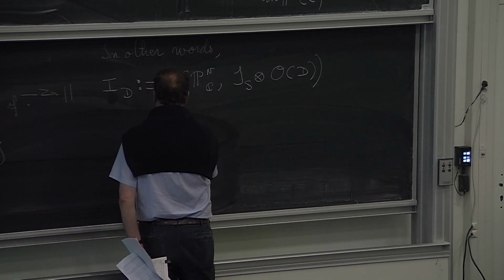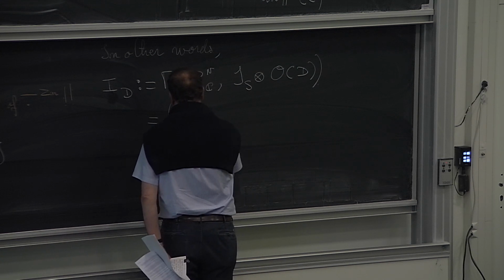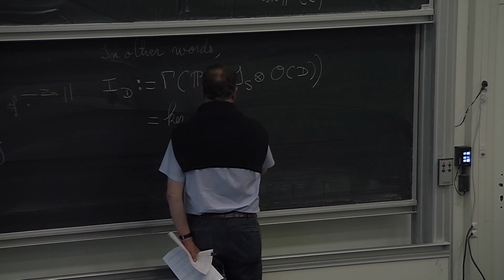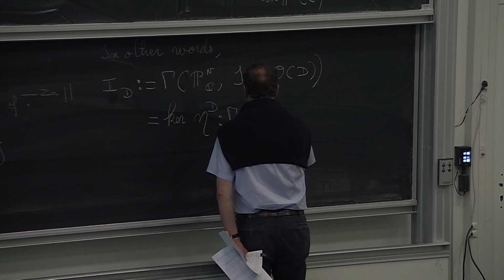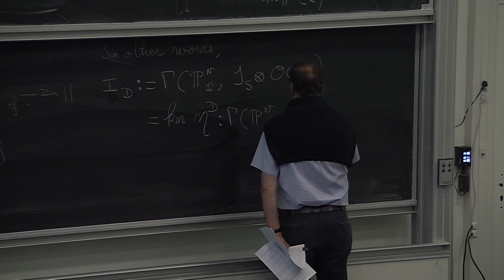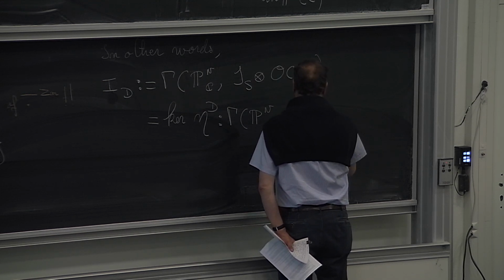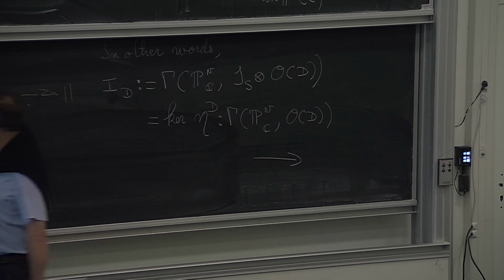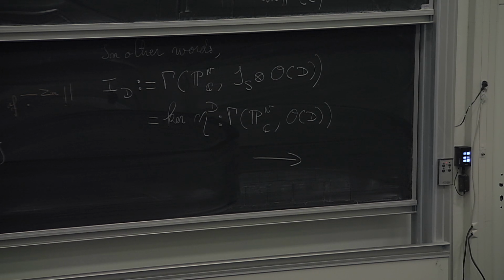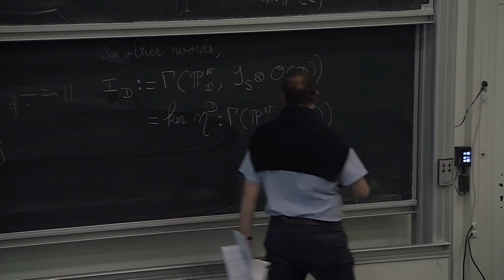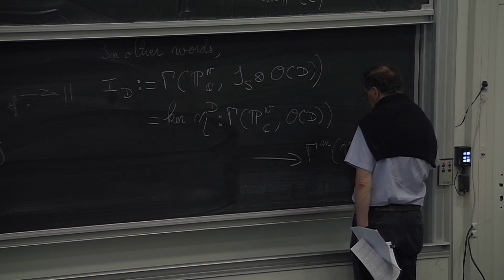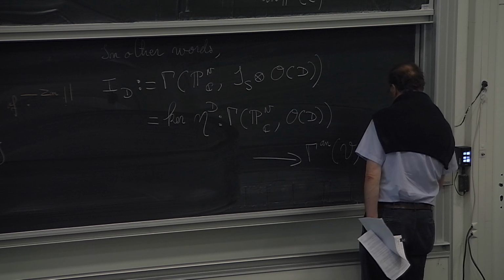And this is exactly the kernel of the morphism, let me call it eta_d, that sends a homogeneous polynomial, which you see as a section of O(d), to its restriction: from a section of O(d) over P^n(C) to an analytic section of O(d) along this analytic surface.